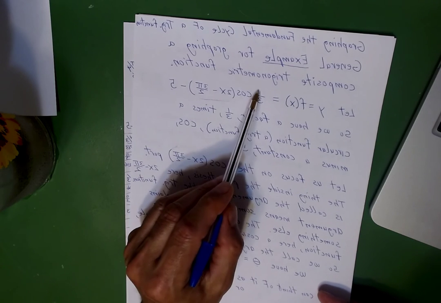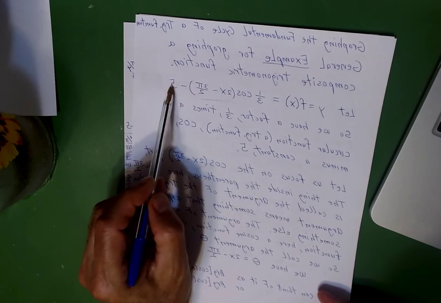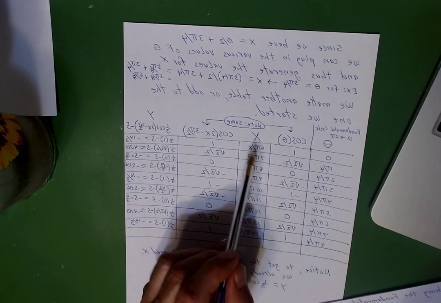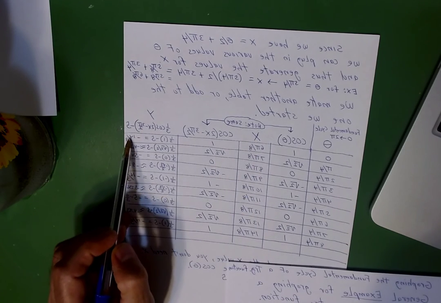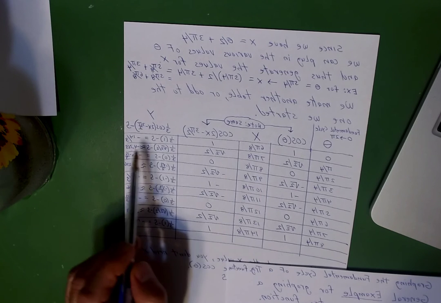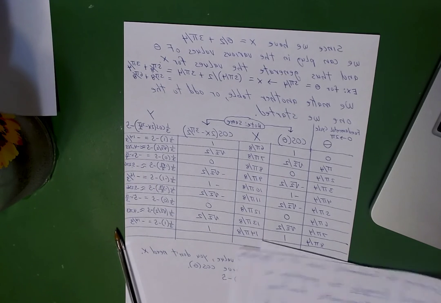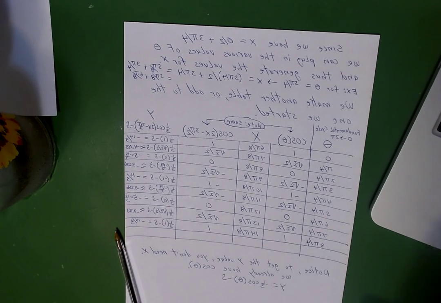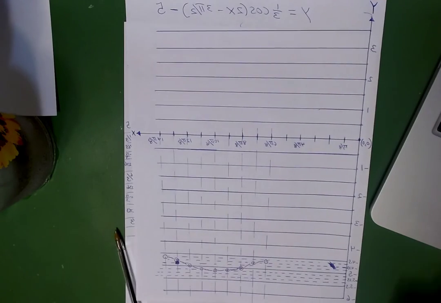Then you calculate 1/3 times the cosine of this theta minus 5, which gives you a y value. Then you plot these pairs: here's the x value and here's the y value, here's the next x and the next y. I've done that. As I said, this one was a little messy, but that's the process.